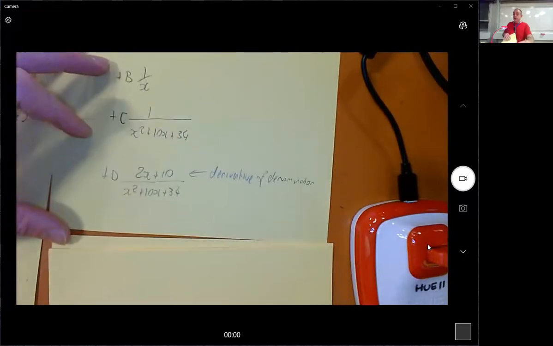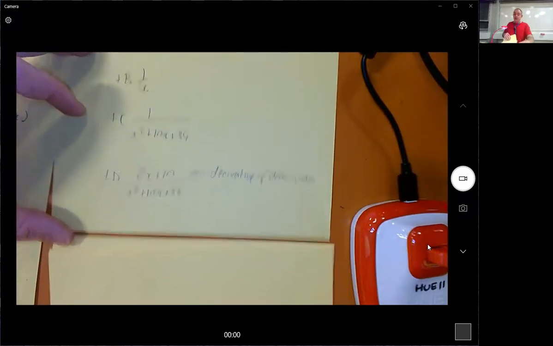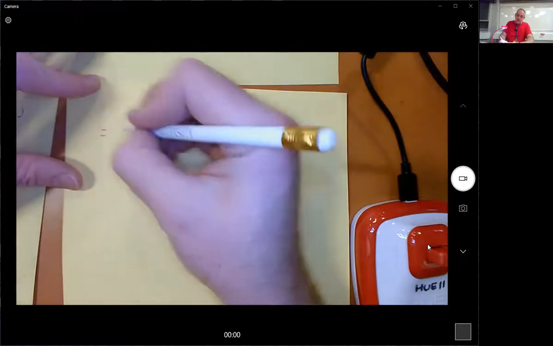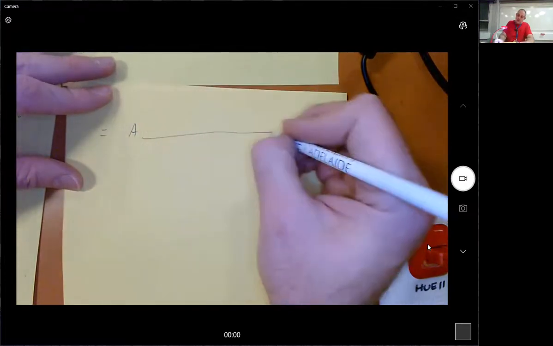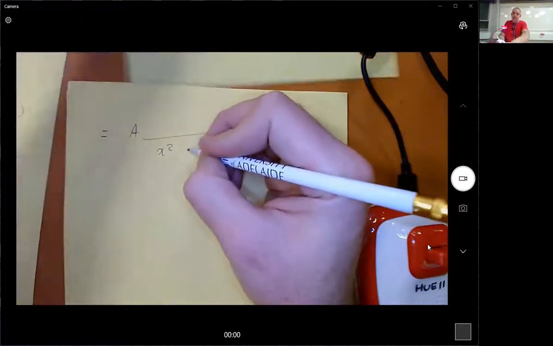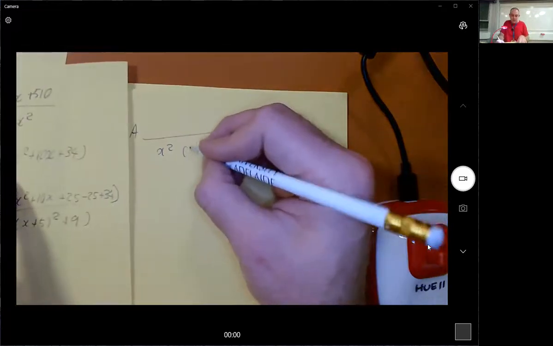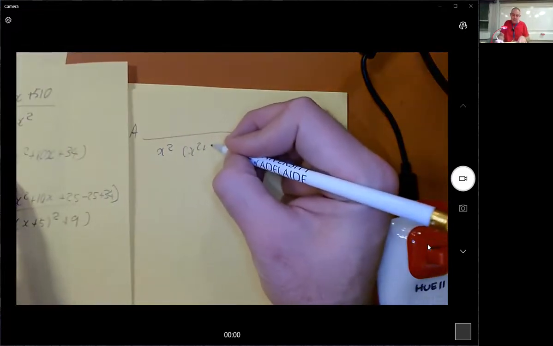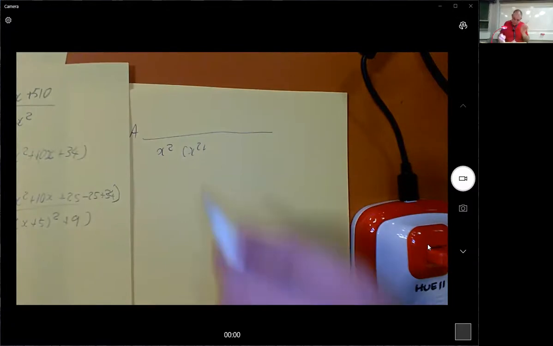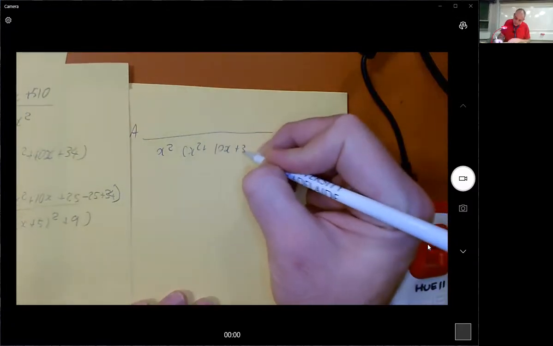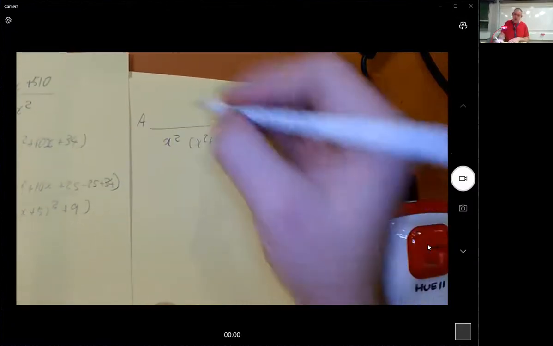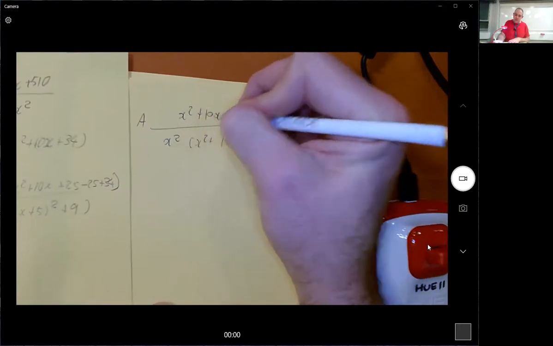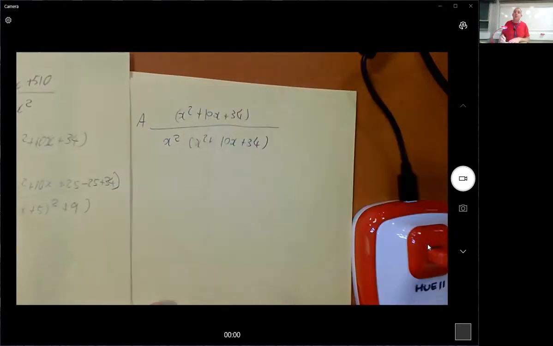So I know that this is the same as a times x squared, and the missing piece from the x squared is an x squared plus 10x plus 34 on the top. That's what this one here became.